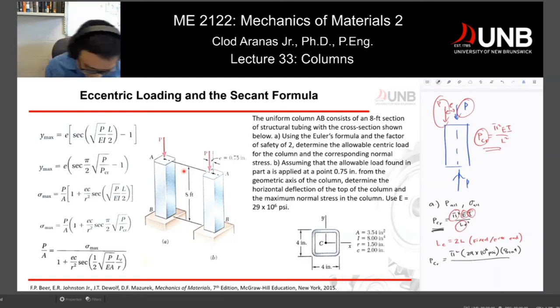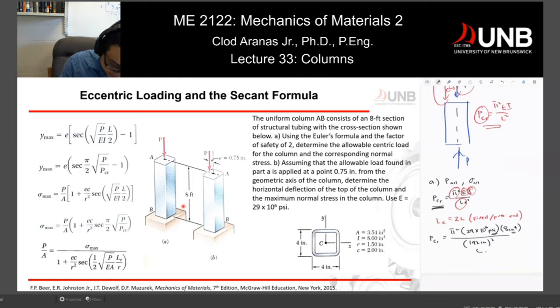I converted this to inches because I have inches here, so instead of working with feet, I converted it into inches. Again, this is your 2L, or that's your 16 feet. Now, if I calculate my PCR, what I will get is PCR is equal to 62.1 kips.